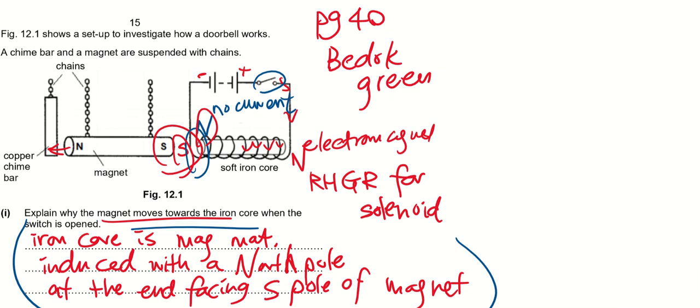So it keeps getting attracted, keeps getting repelled. This north and south of the magnet is fixed. But here, when it becomes north, it will go towards them. When it becomes south, it will go away.